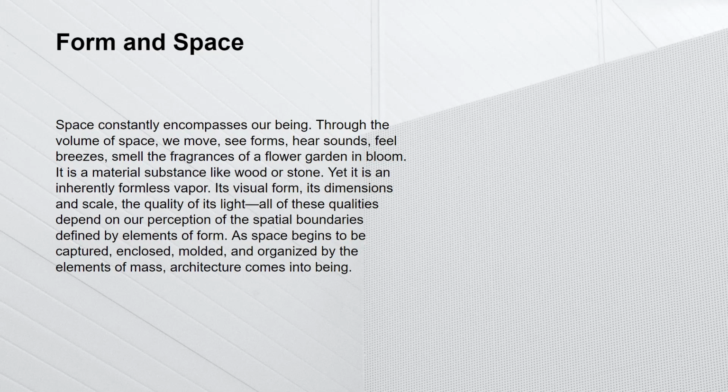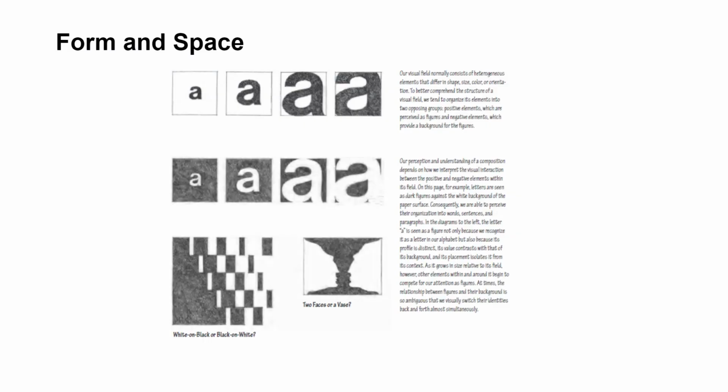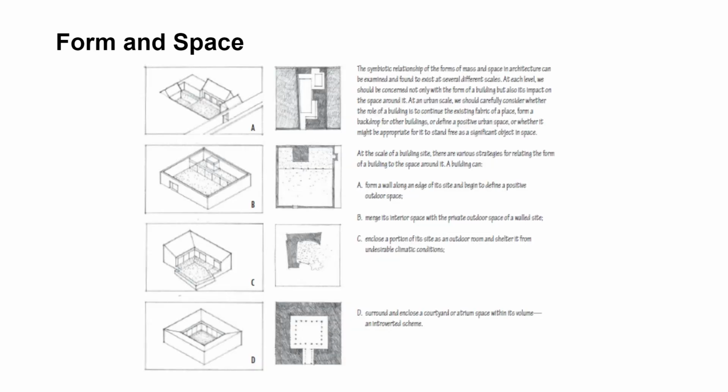As space begins to be captured, enclosed, molded, and organized by the elements of mass, architecture or interior design comes into being. So this is a visual perception. The symbiotic relationship of forms of mass and space in architecture and interior design can be examined and found to exist at several different scales.